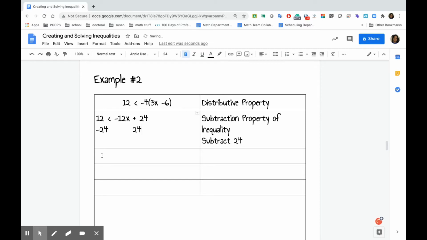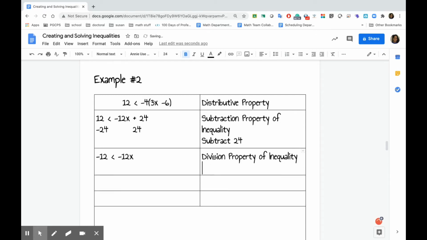So 12 minus 24 is equal to negative 12, then less than negative 12x. So now let's eliminate negative 12, the coefficient of x. We'll use the division property of inequality. So we will divide both sides by negative 12.